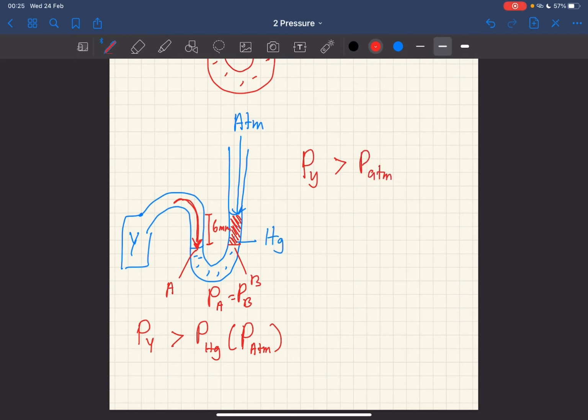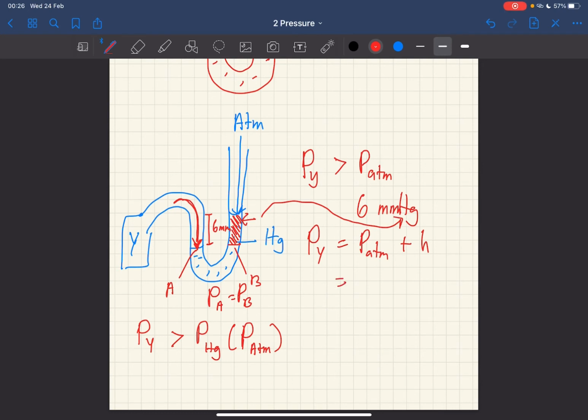How much? It is more than 6 mmHg. So to calculate the pressure of gas Y, we simply put pressure ATM plus height. Why? Because this is the same thing as this.